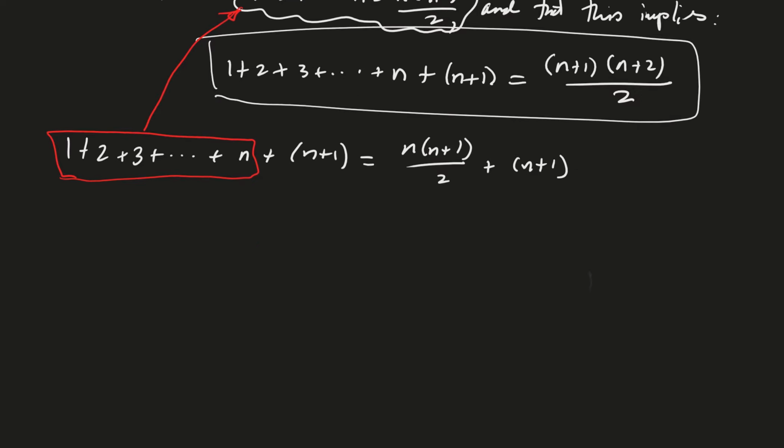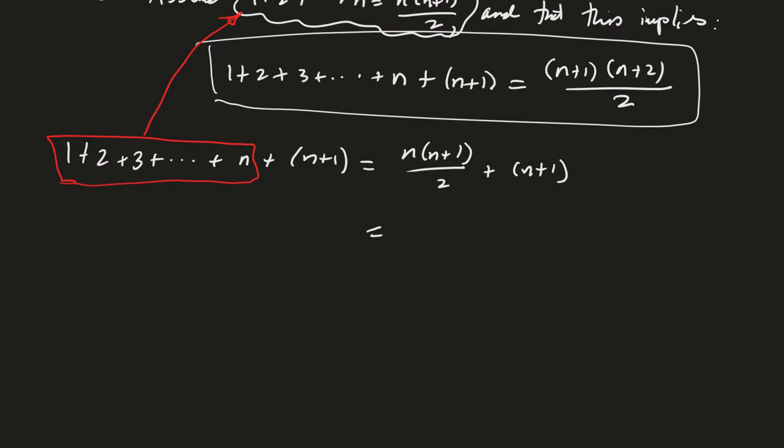Okay, and so now I'm on my way. Let's go ahead and combine the fractions. By the way, you might keep in mind what we're trying to show here. Actually, do you see it yet? Maybe not yet.